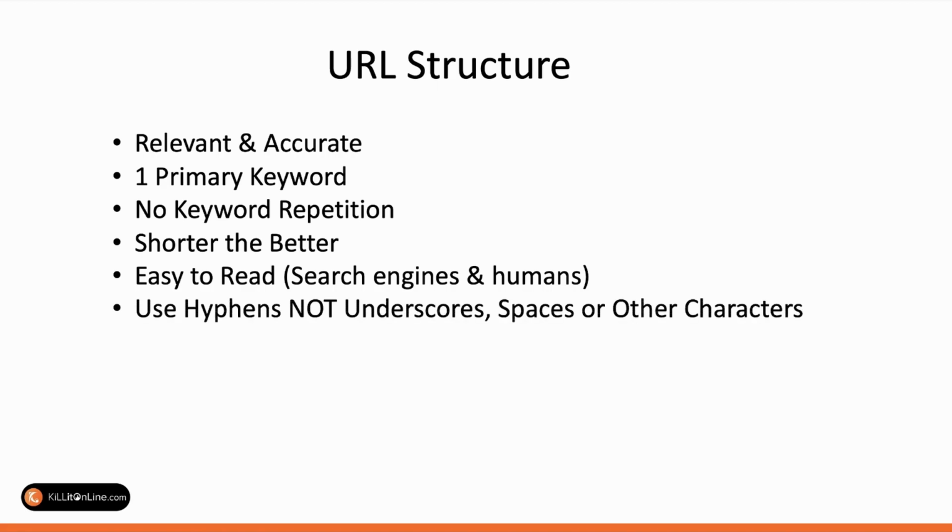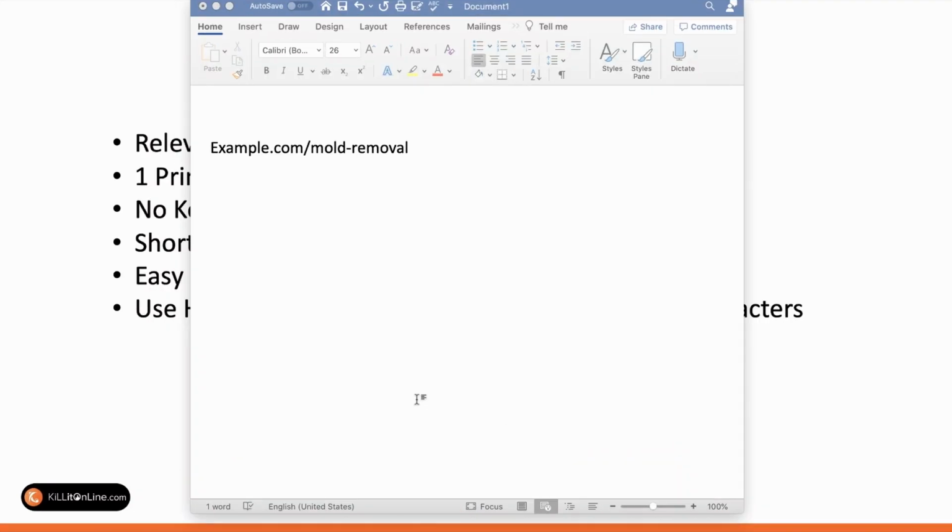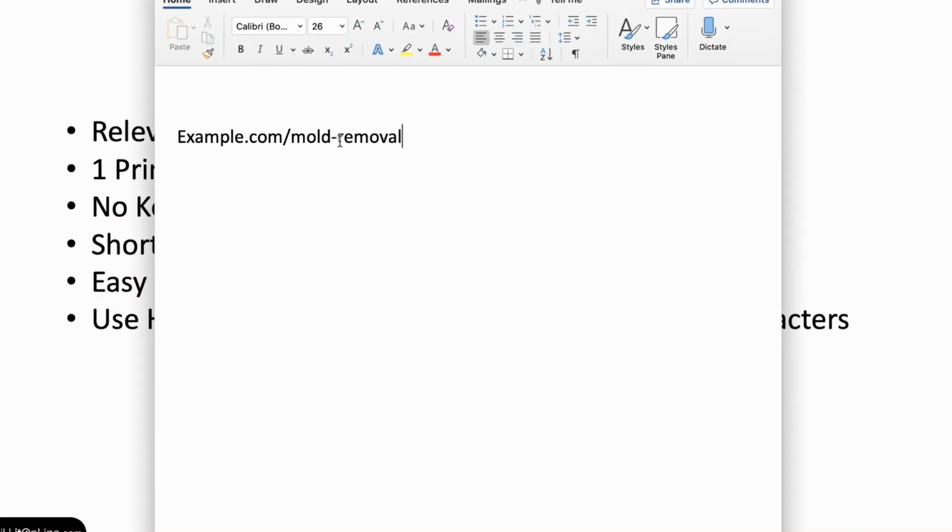Like I just said, they should be easy to read, so search engines and humans can understand it. Now make sure you use hyphens and not underscores or spaces or other characters when you write the URL of your landing pages. For example, if we go back to the same URL, then you should not have mold removal written like this.